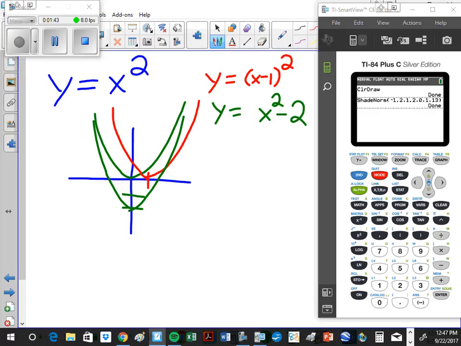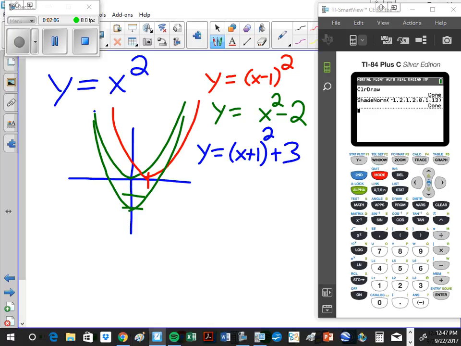Okay? So what about y equals x plus 1 squared plus 3? Left 1, because the x's are backwards, and up 3. Does it matter if I go left 1, up 3, or up 3, left 1?